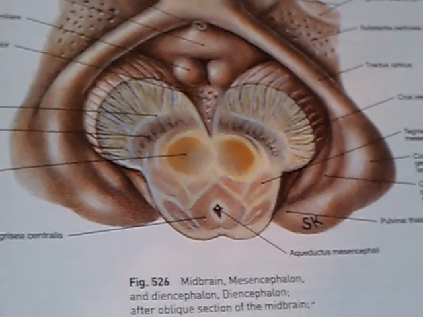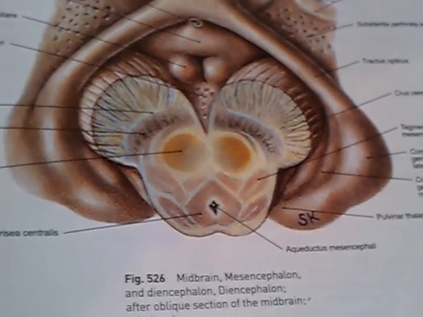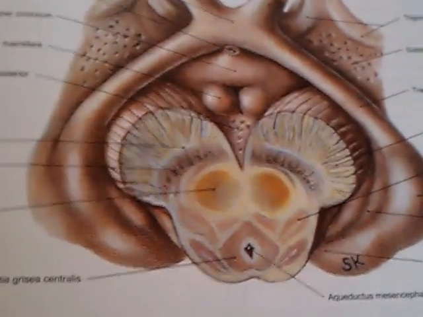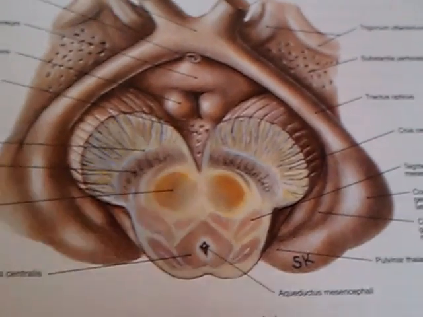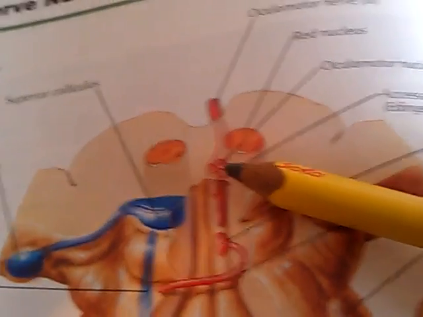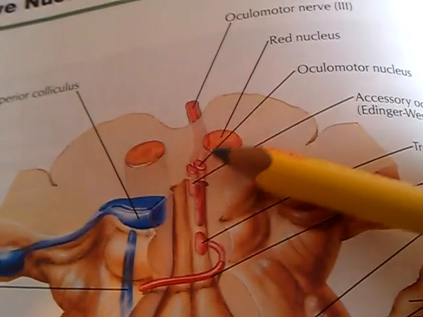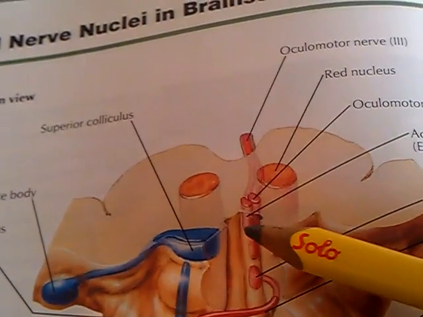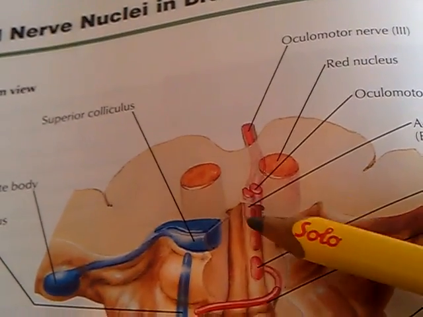And then you have nucleus of oculomotor nerve, which you can see here. Nucleus of oculomotor nerve here. This is red nucleus. You also have accessory nucleus of oculomotor nerve.